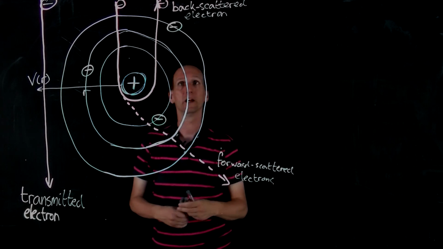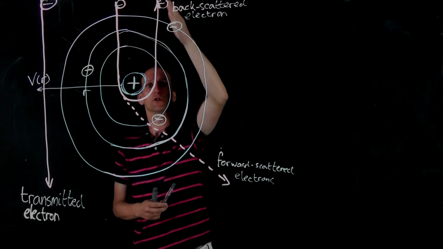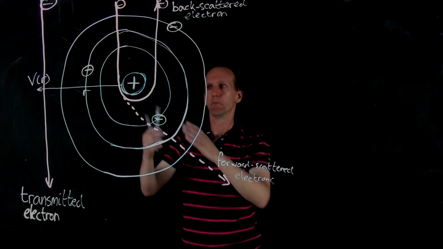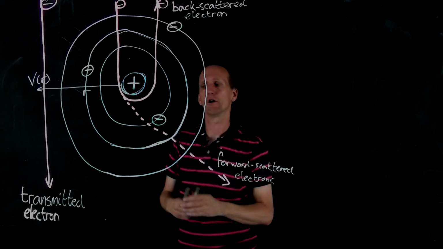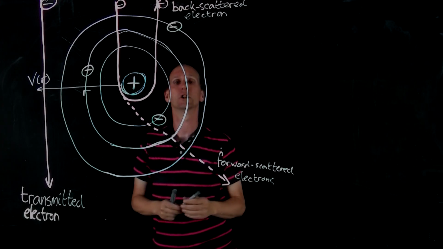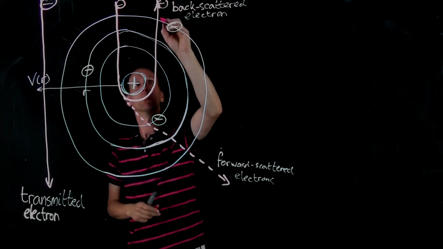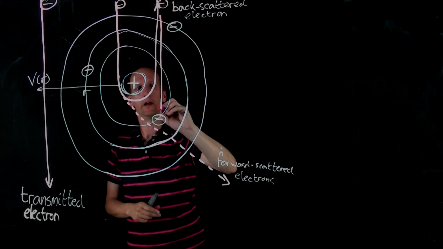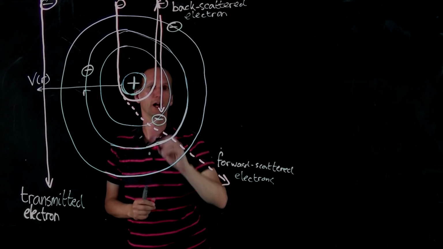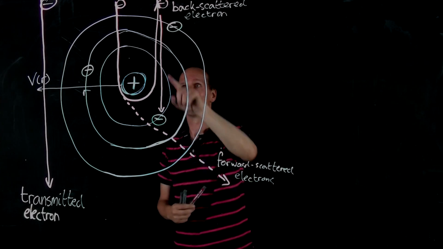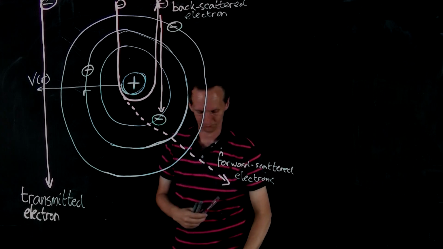Now, another case is when the electron travels a bit further away from the nucleus, but so far away that it does not directly interact with the nucleus, but it interacts with one of the electrons in the orbital. So say we look at an electron coming in here, and then it undergoes an interaction with the electron in this orbital circling the nucleus.